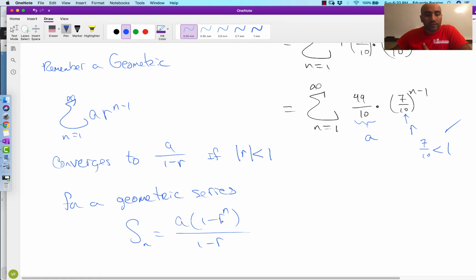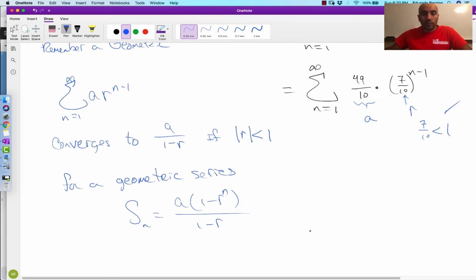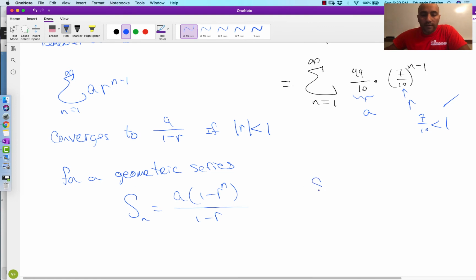Okay, so the only reason I bring this up is because this will be useful for Desmos. When I want to figure out the sum of the first one, or the first two, or the first three, that's the formula I'm going to use. So s sub 1 is going to be this formula where we put a little 1 there.